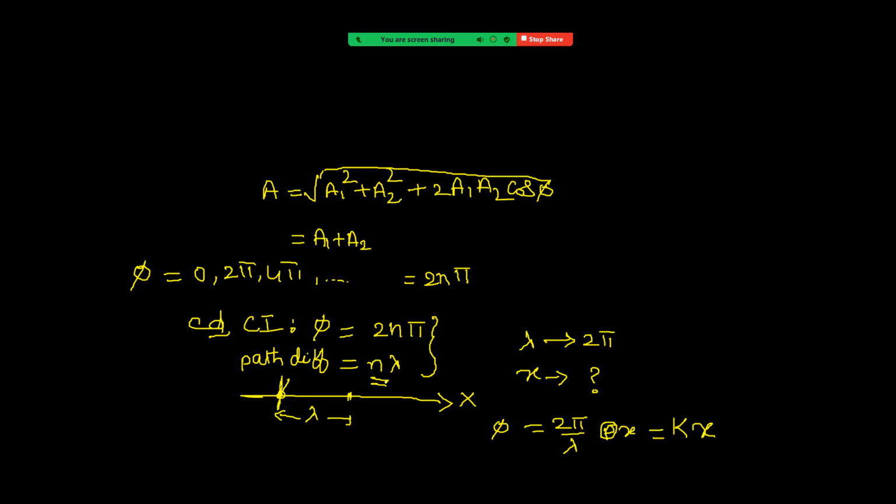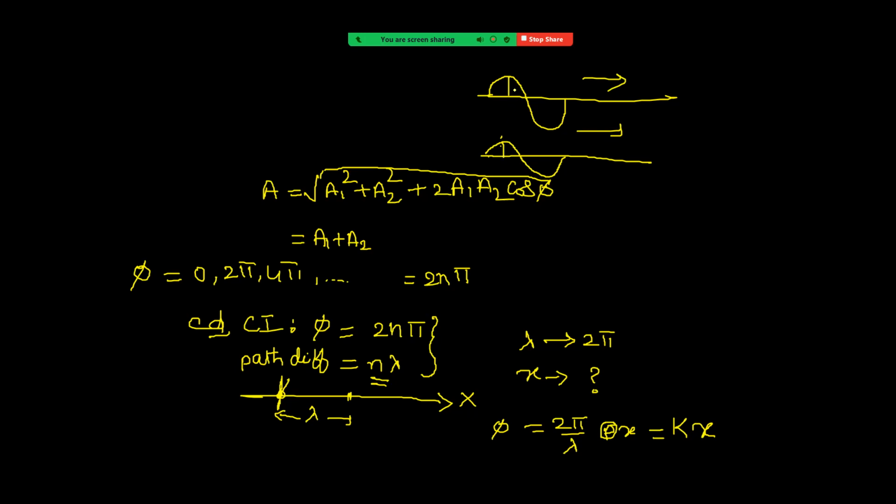See, what is the meaning of this? Let us consider a wave propagating like this, and here one more wave traveling in the same direction, like this. We can see the diagram. Crest is over crest, trough is over trough. When crest falls on crest, this amplitude is positive and this is also positive.